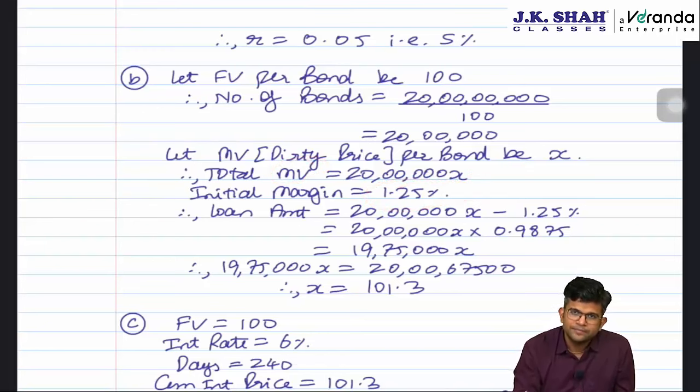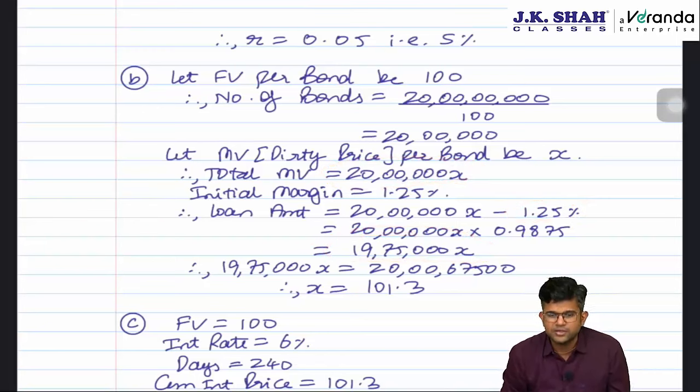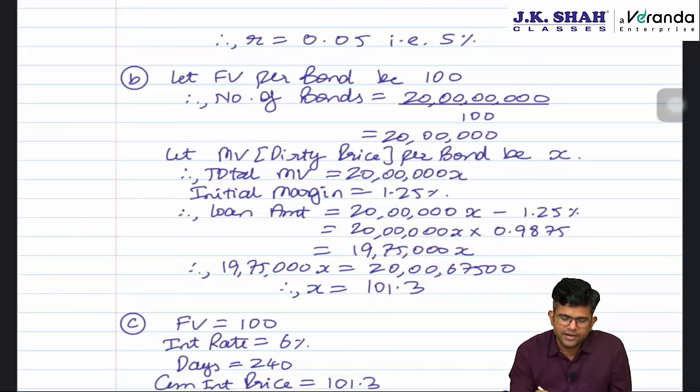The initial margin that the lending bank is deducting is 1.25%. So 20 lakh X minus 1.25% comes to 19 lakh 75,000 X. We know the loan given is 20 crore 67,500. When we equate both, we get the market value as 101.3.